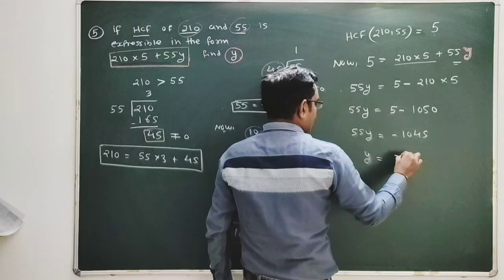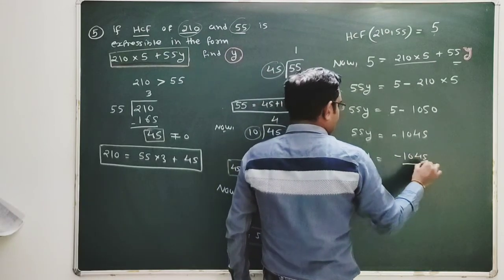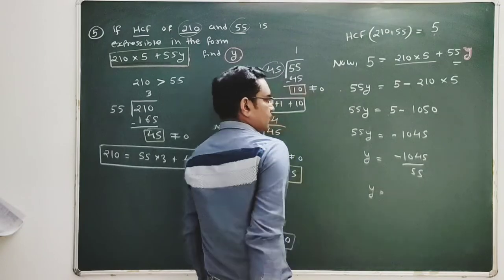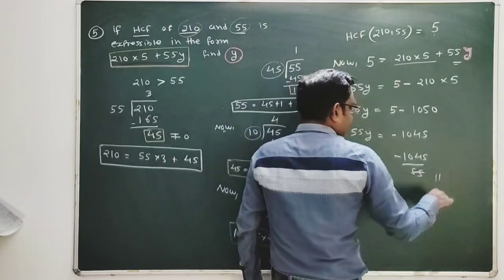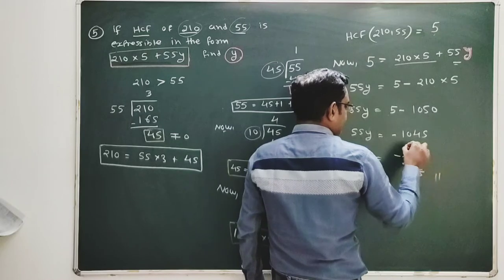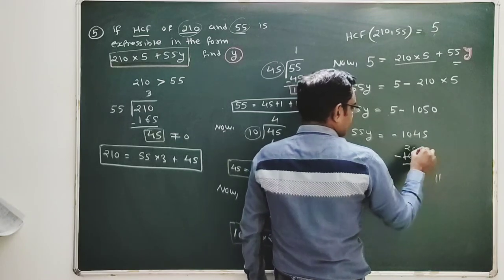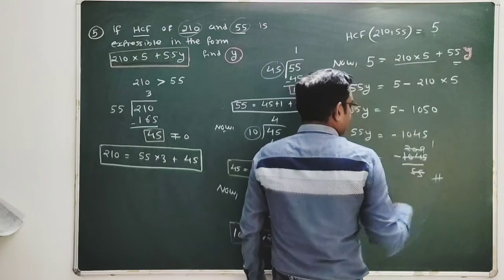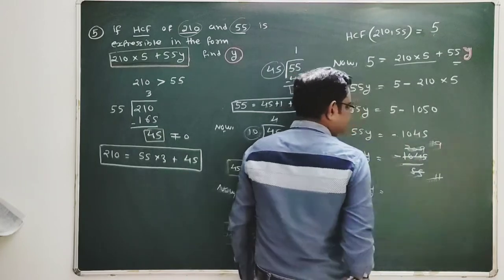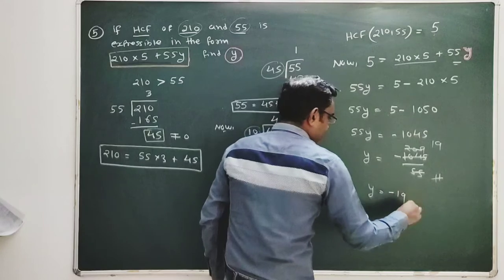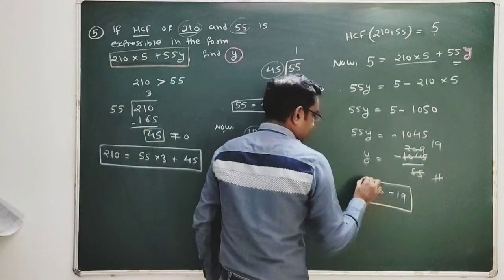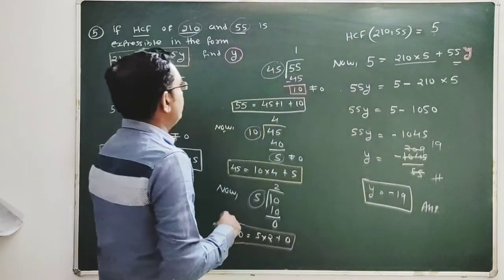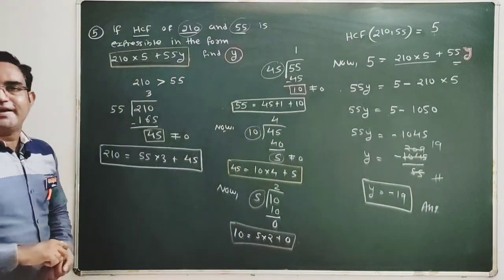Therefore y equals minus 1045 divided by 55. Do the division. Divide by 5: 5 elevens are 55, 5 twos are 10, 0, 5 nines are 45, 11 ones are 11, 9 elevens are 99. So y is minus 19, this is the answer. So the value of y is minus 19.